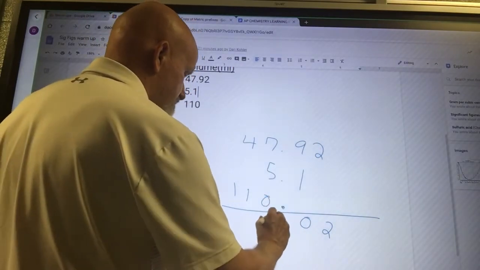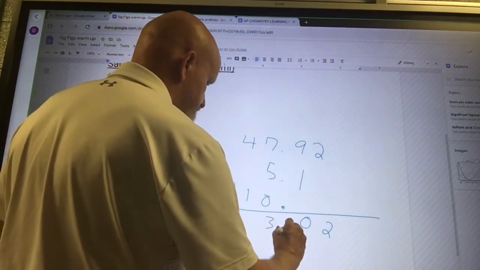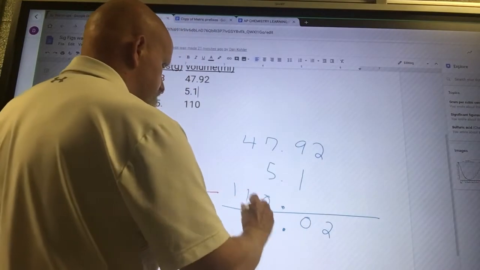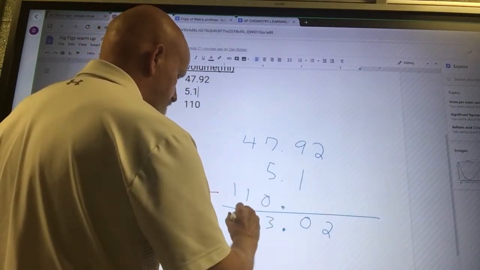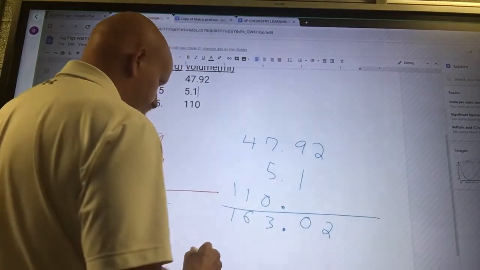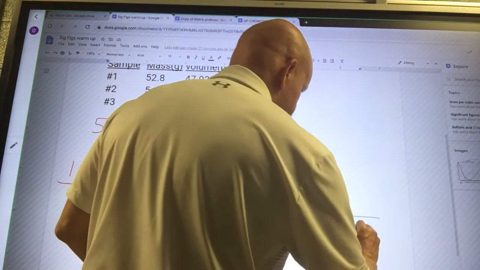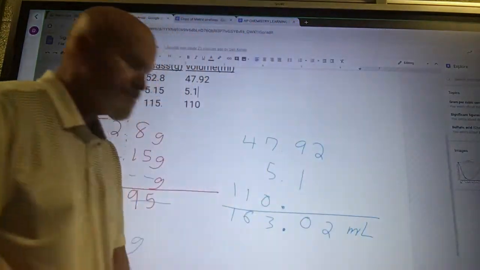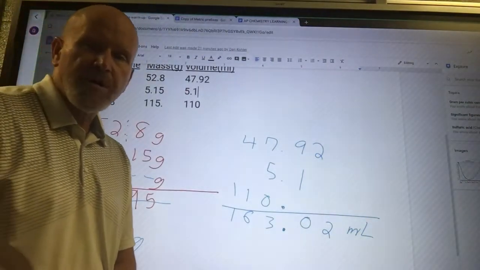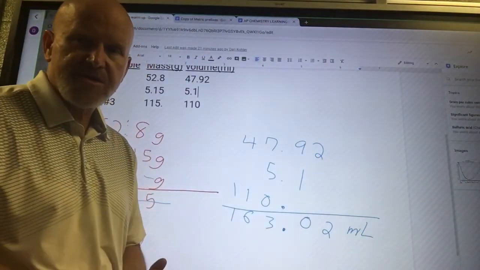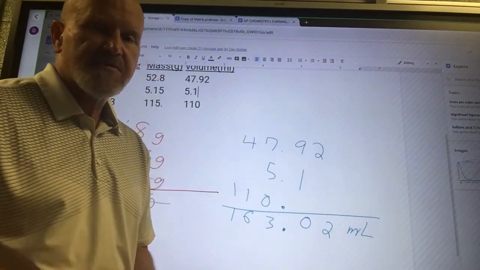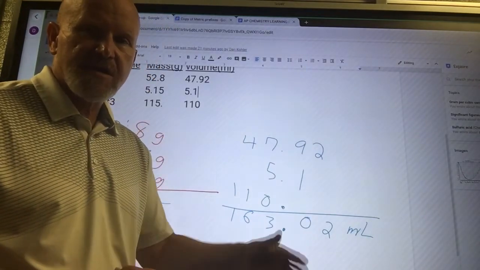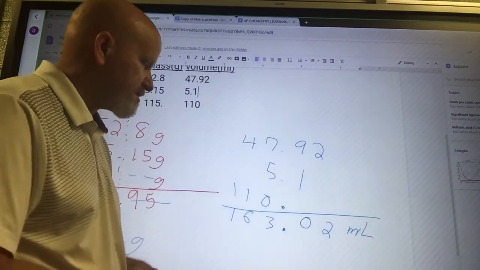Carry the 1, 12, 13. Okay. 163.02. So I have to do my addition and subtraction first before I do my division to see if I've got the right number of sig figs and the numbers I'm going to use for my division part.